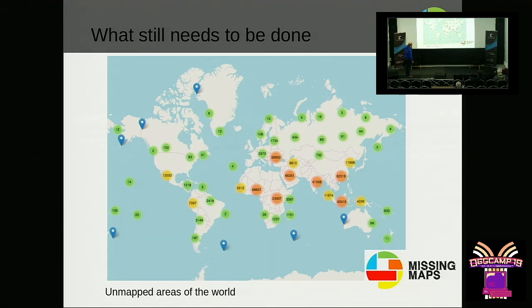And I think you can see this sort of swathe of red and orange across the middle of the map. In the north and the south, with the more affluent areas of the world, we are better mapped. In the more populated, especially in bits of Africa, Mexico, South America, places like that, there's a severe lack of mapping.